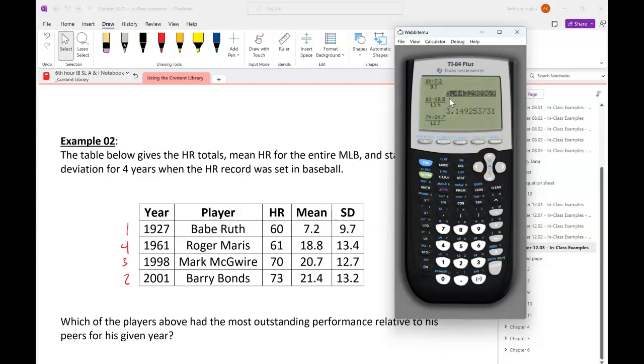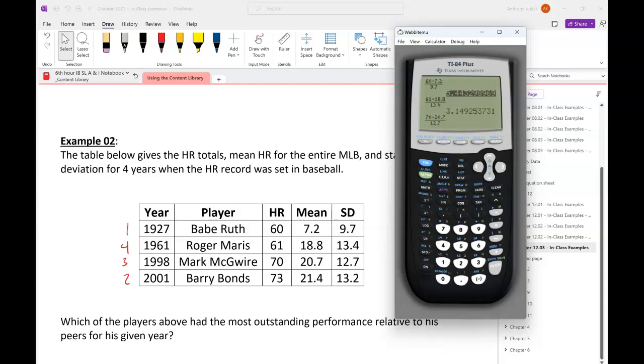It means that 60 home run statistic was 5.44 standard deviations from the mean. That is just a tremendous outlier of a season, right?